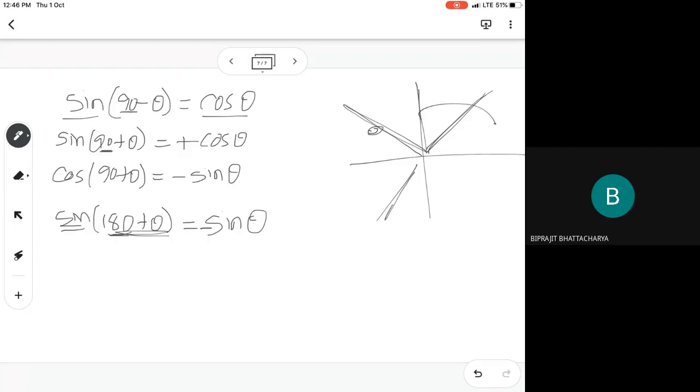So remember, whenever you have 180 or 360, multiples of pi, sine stays as it is.